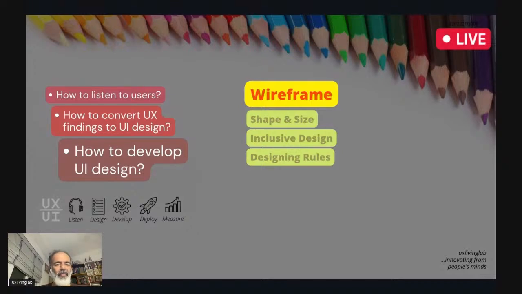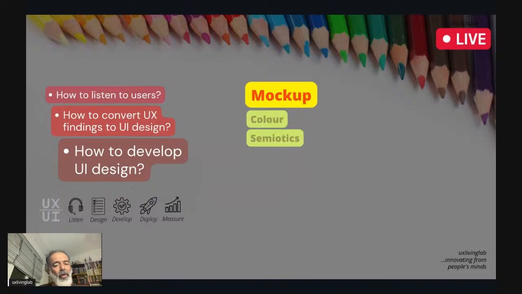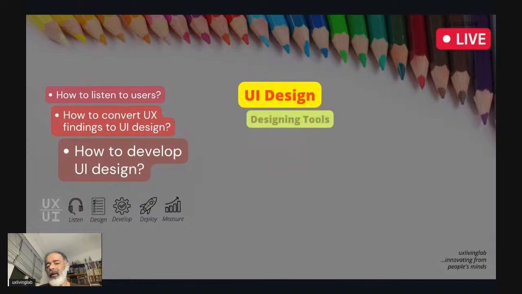What are the rules we have to follow? Then in mockups, we talk about color selection, then semiotics, that is sign language. Then in interactive design, we'll talk about designing tools.